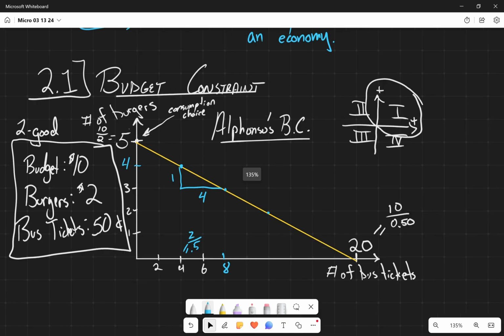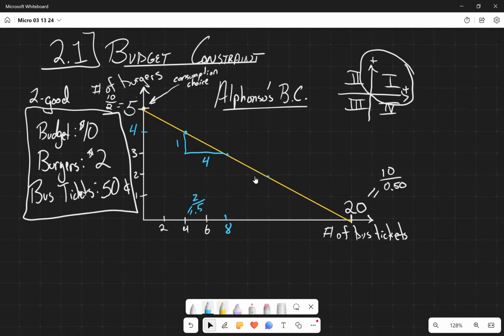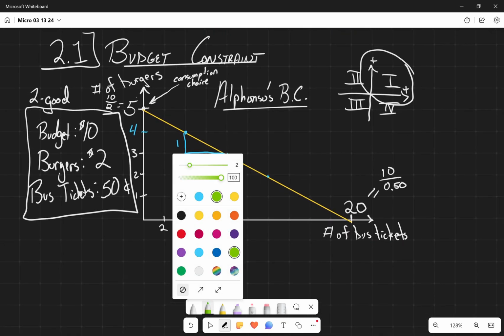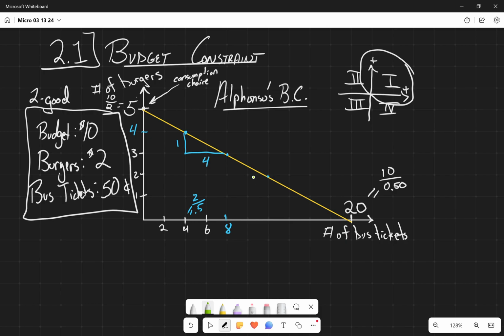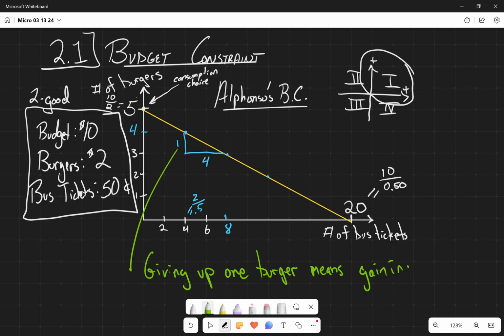So in the parlance of economics, what does this mean? This means that giving up one burger means gaining 4 bus tickets.